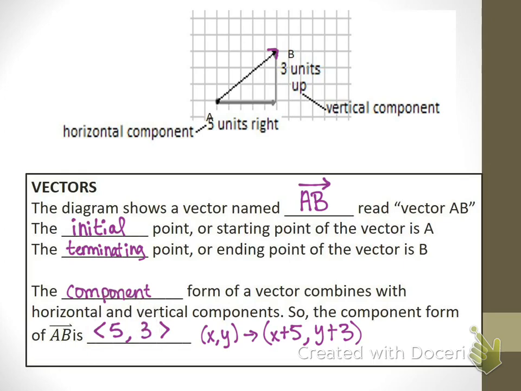Are we all okay with that? So they're just shortening it up for vector form, for component form. Questions, concerns? So we're saying we're taking this initial point and it's going to terminate after we move it right 5, up 3.